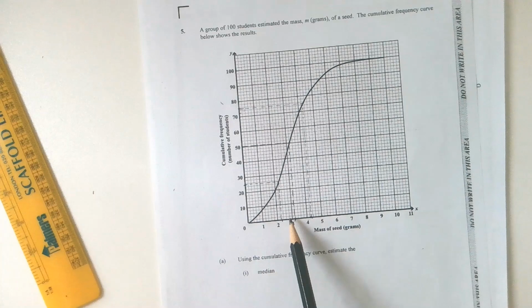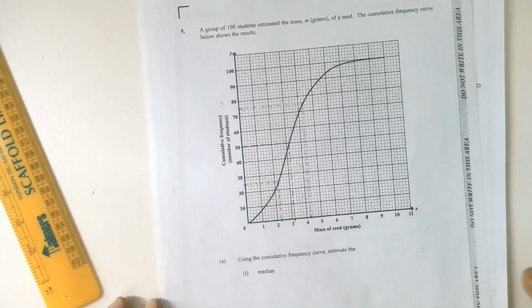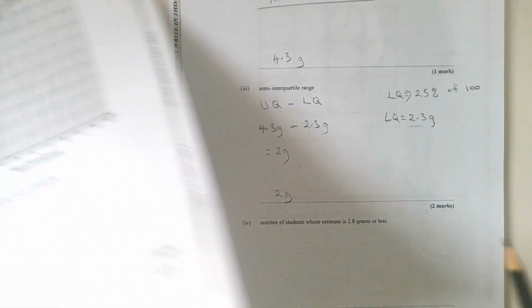From our mass of seed, we find 2.8 gram, take it to our curve, draw a line to our curve, and then from the curve, we draw a line connecting it to the number of students to find the number of students whose estimate is 2.8 grams or less.